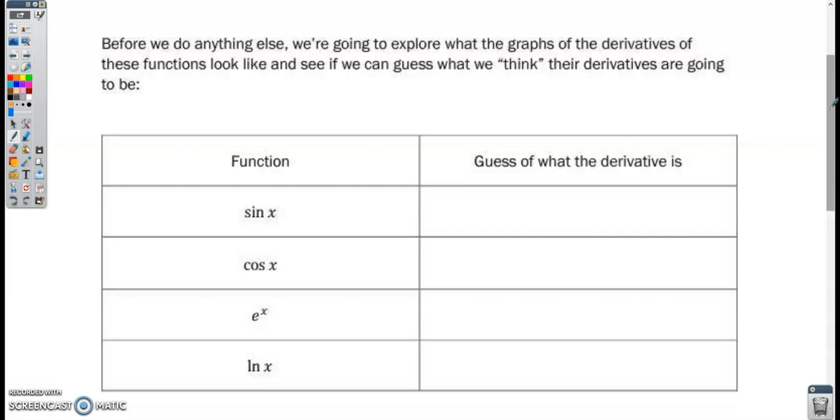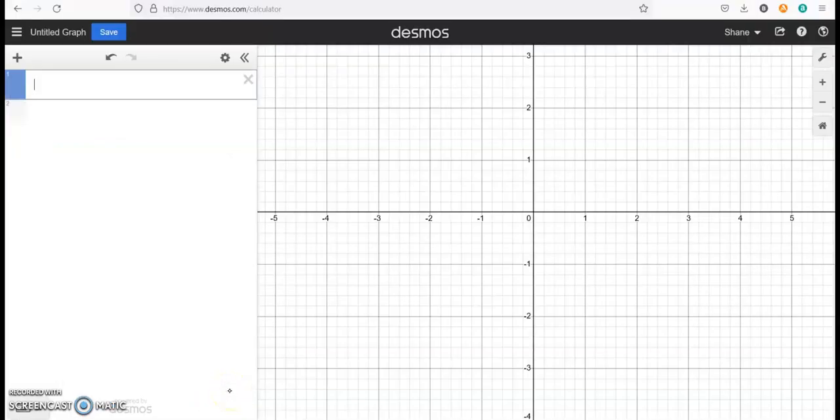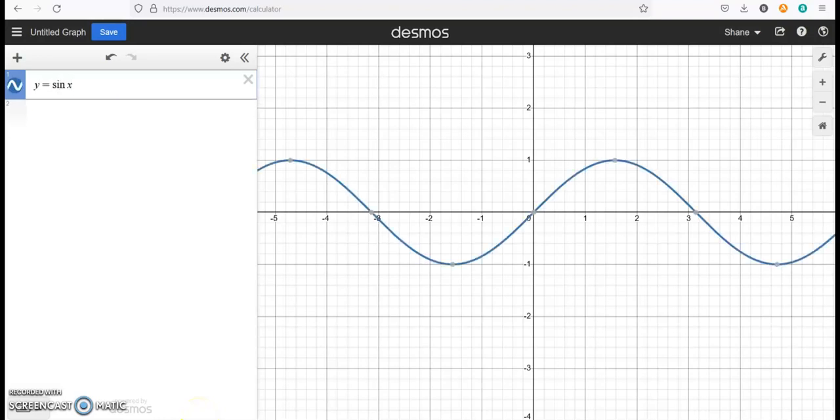So we're going to start with the function sine of x, and I'm going to use Desmos to help me out here. First I'm going to graph y equals sine of x. And there we see the graph of the sine.